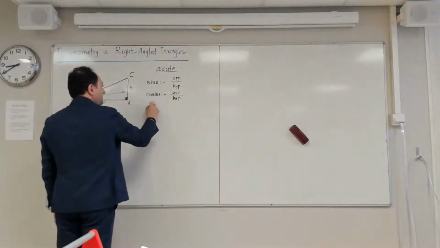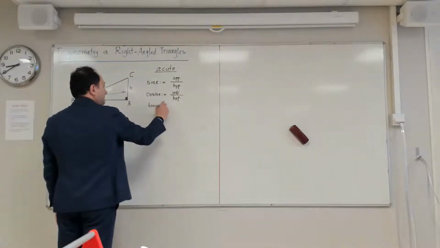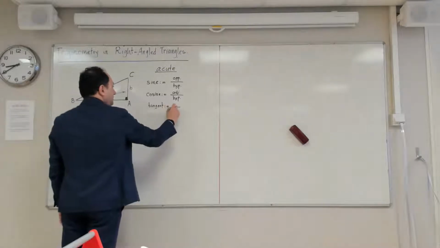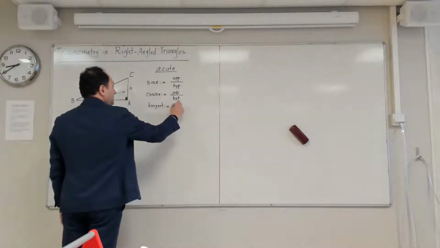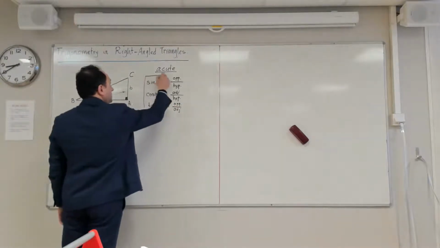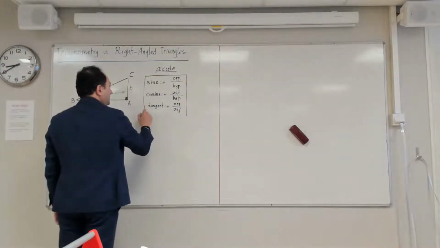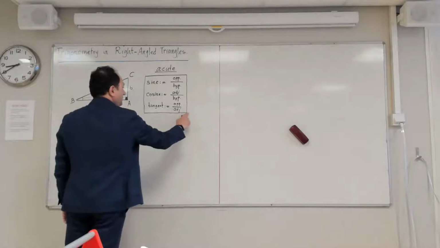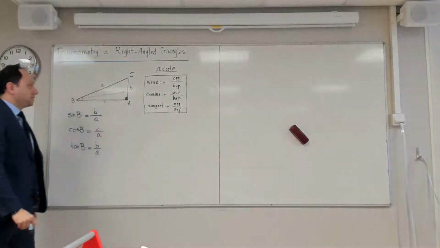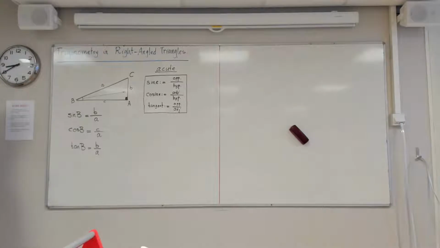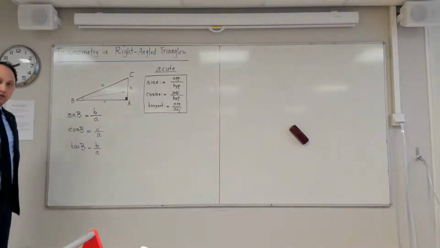And tangent is defined, this colon-equals means defined to be, as opposite divided by adjacent. So this is the thing that you need to remember. Of course, this is given in the formula sheet, but I think it's so fundamental, it's better to have it in your memory. Okay, and please, if you have any questions, you can ask me through Zoom as always.